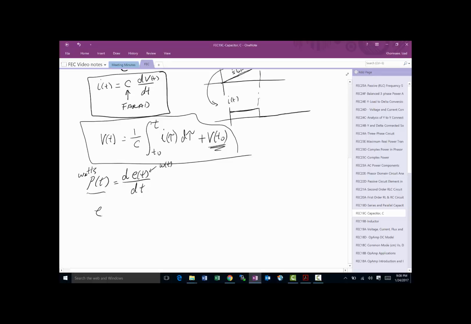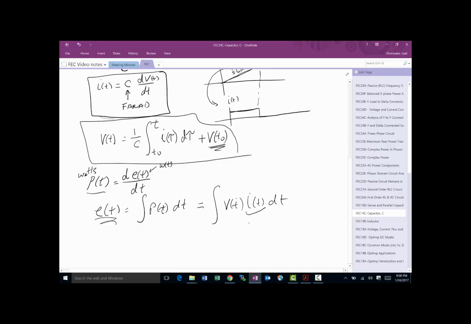So I can write E(t) as the integral of power with respect to time, right? So that's another way of figuring out the energy or the work. And from the earlier work, we know power is always equal to v(t) times i(t).